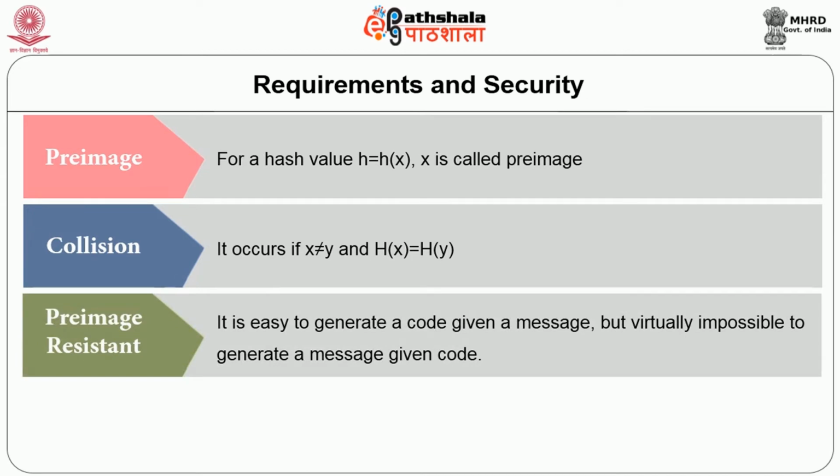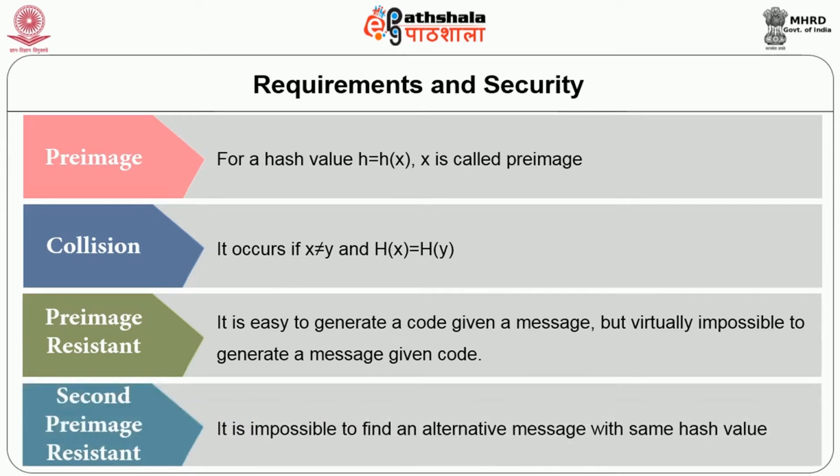The third is pre-image resistance. It is also called the one-way property. It is easy to generate a code given a message, but virtually impossible to generate a message given a code. That means if you are given a hash value, it is impossible to generate the input message.